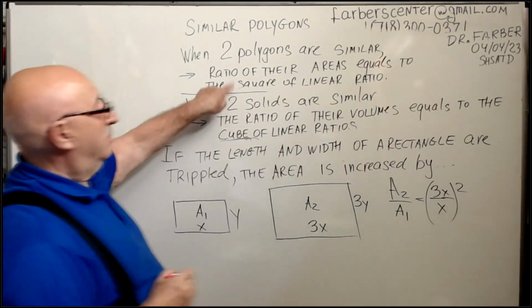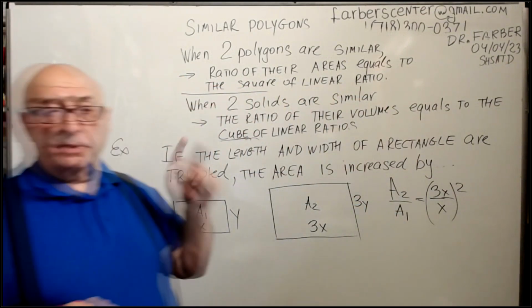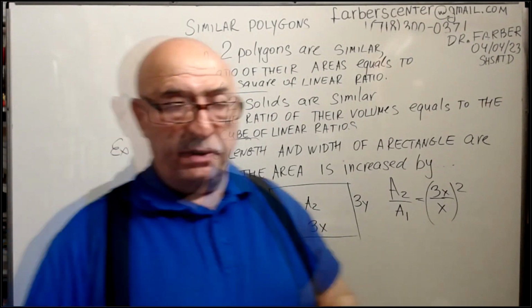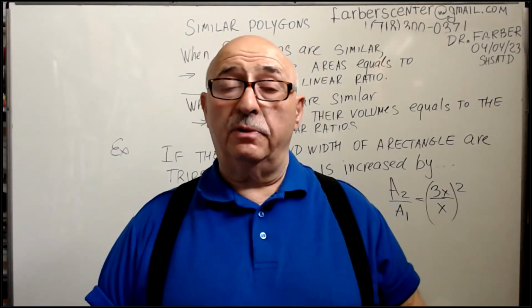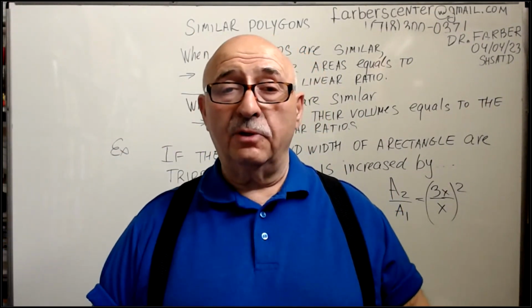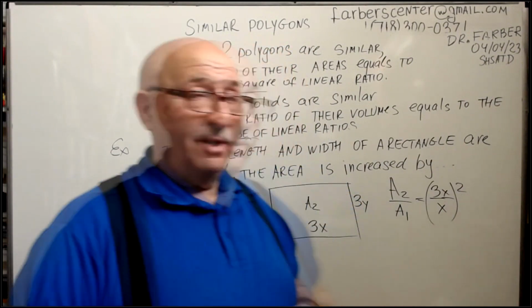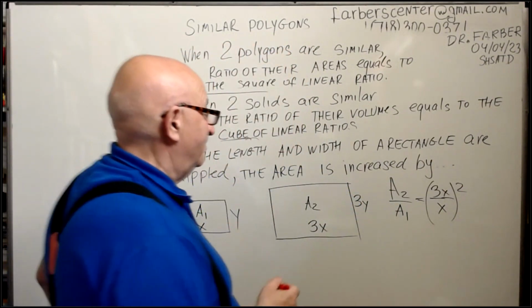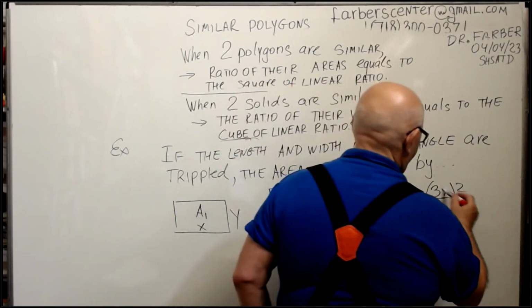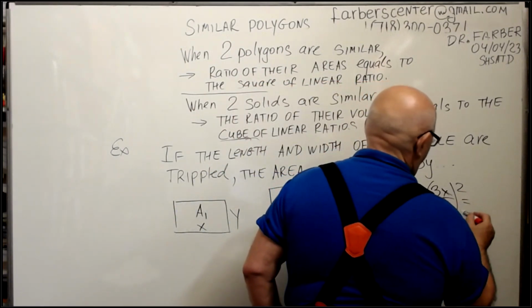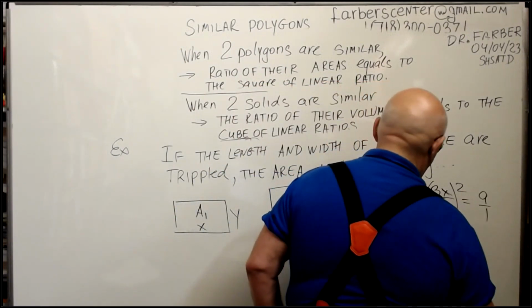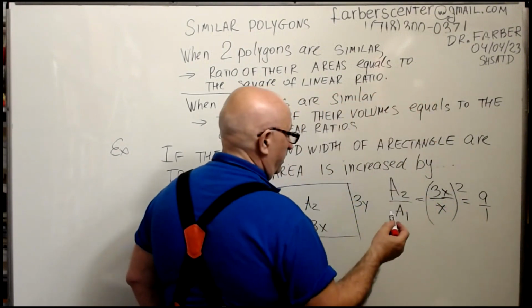Why? If two shapes are similar, then the ratio of their areas equals the square of the linear ratio. Easy, like a song, right? Like a lullaby. After simplification, I will get 9/1.